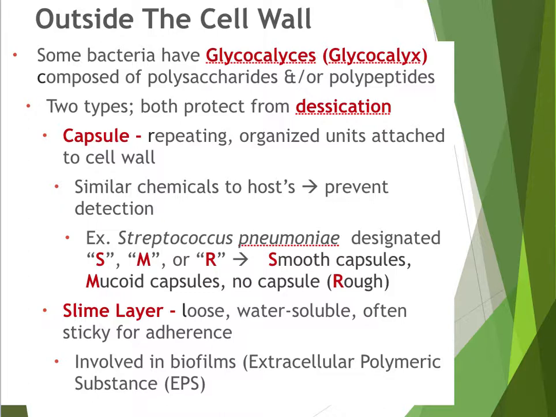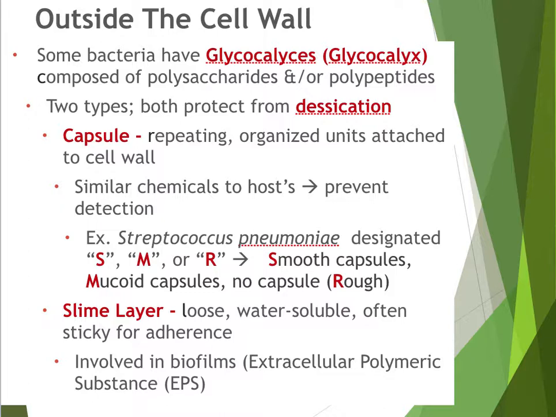That's because the capsule is made of chemicals that are similar to those in the host, being the organism that is being attacked. And if we take the case of the human, it would be our immune system that wouldn't be triggered by this capsule because the capsule is going to be made of familiar chemicals. So we would not attack that particular organism that is surrounded by this capsule.